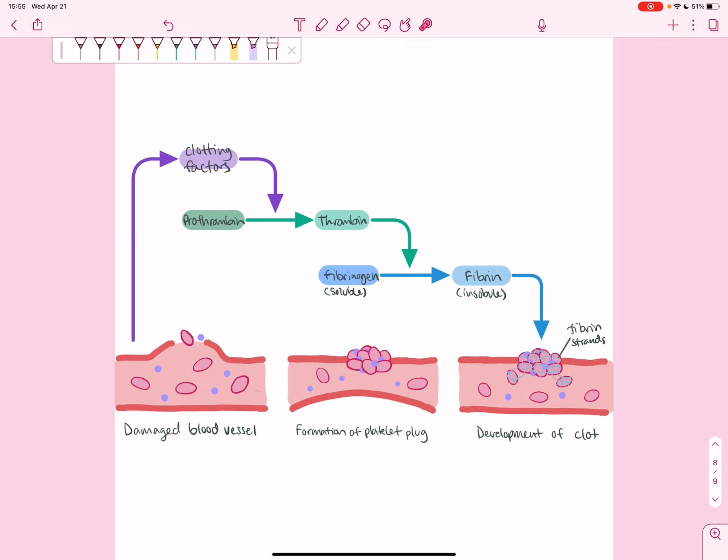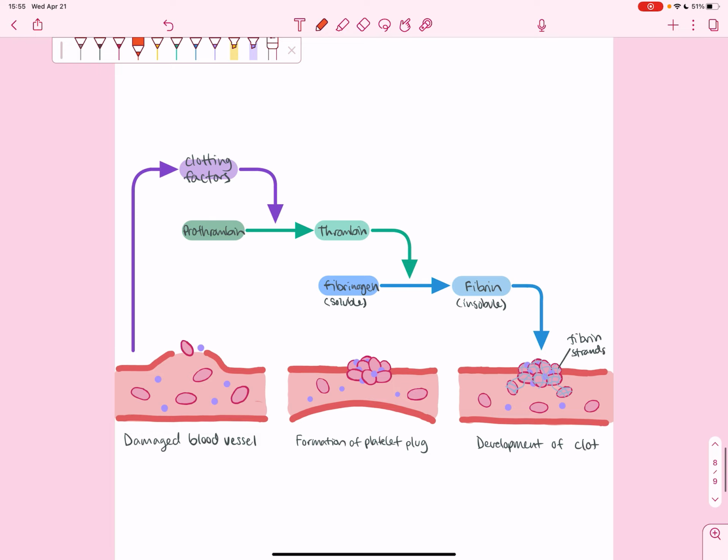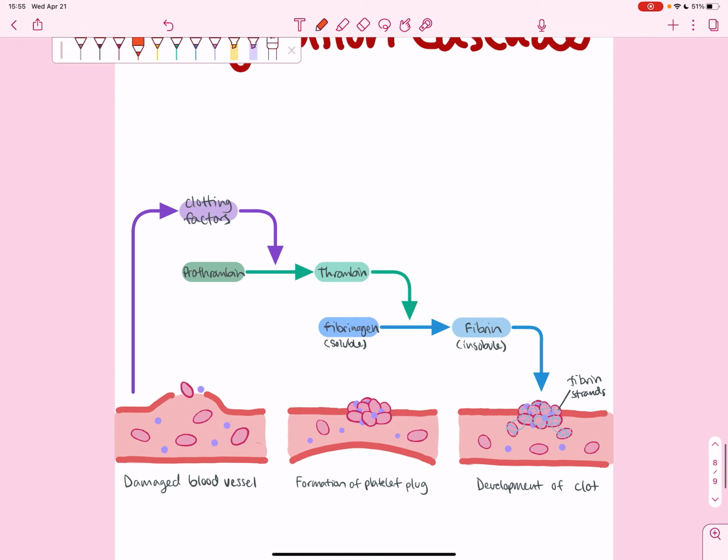Alright, just one note I wanted to make about clotting factors, something that I learned. So clotting factors are synthesized in the liver.